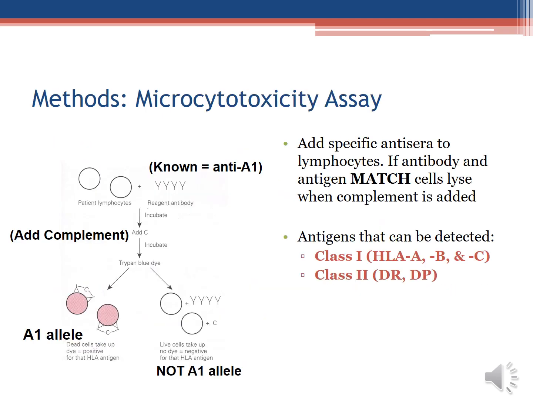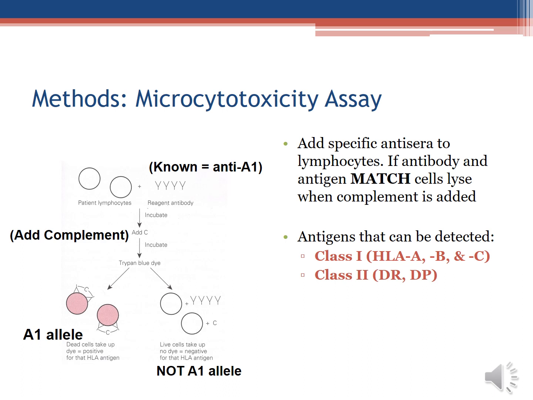So how do we detect our HLAs? The most common method is a microcytotoxicity assay. Usually we will use this particular assay to detect our class I MHCs.